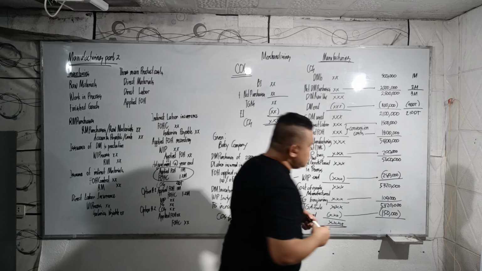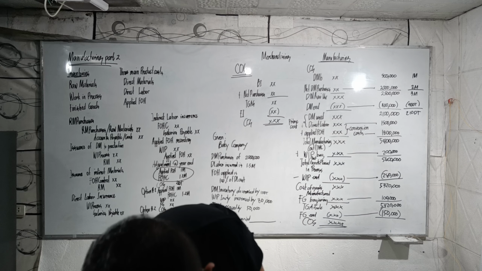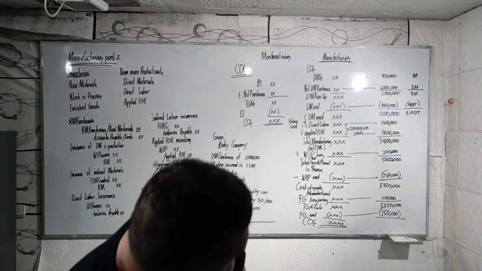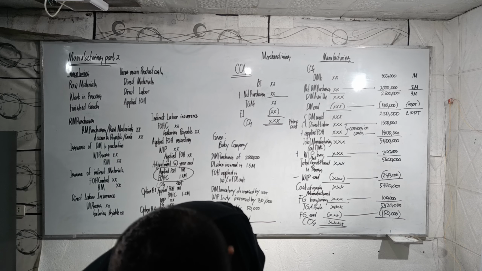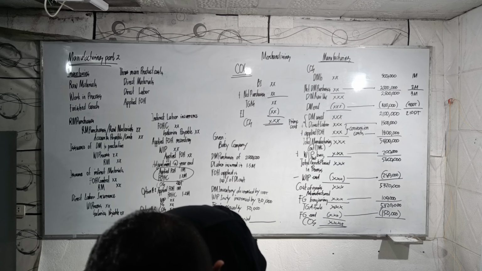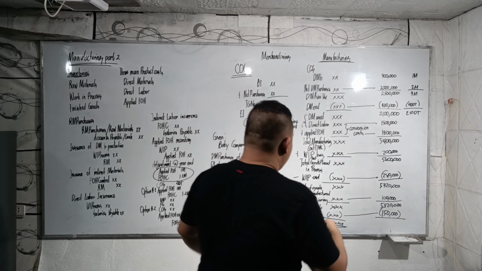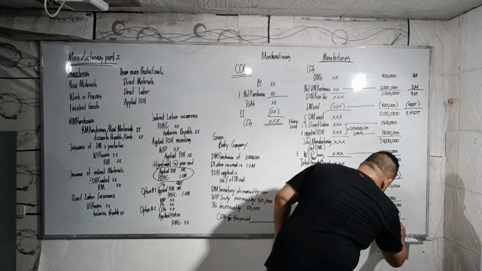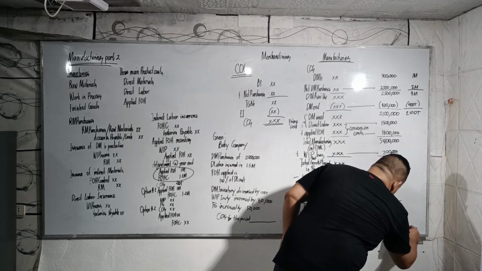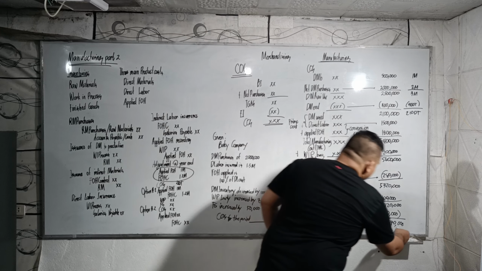So the cost of sales is 5 for 20 minus 150. That's 5,270,000. Okay?